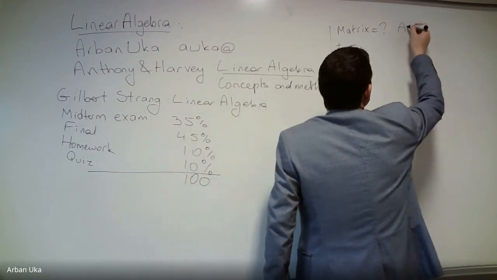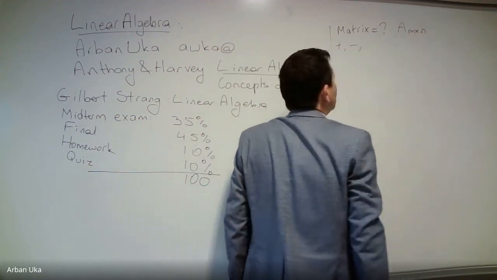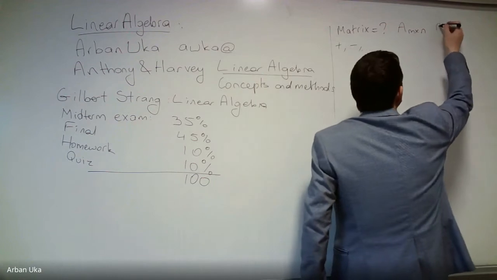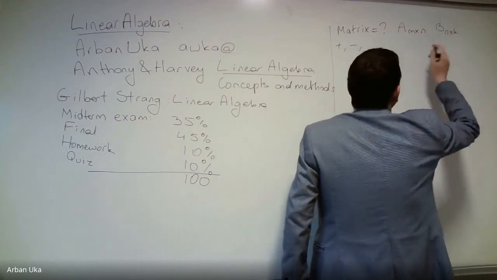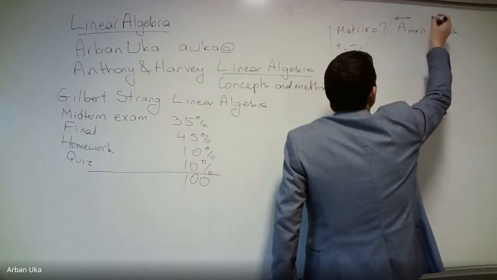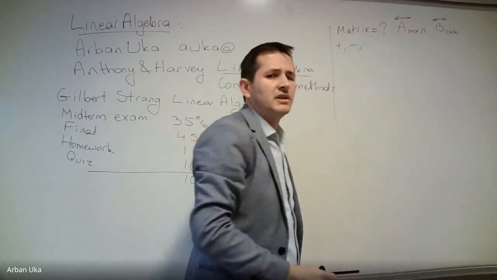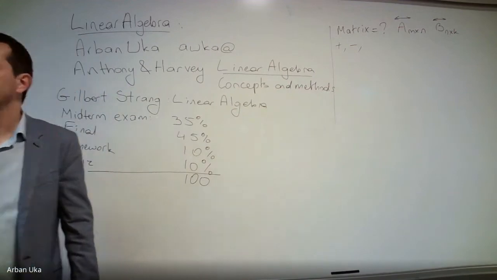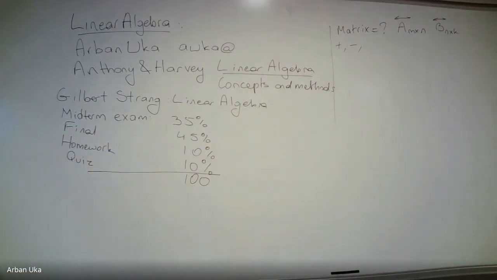So a matrix is something which we denote like this: A_{m×n}, and B_{n×k}, for example. Matrices are templates of numbers, or mathematical constructs composed of numbers, which are put in a two-dimensional array.